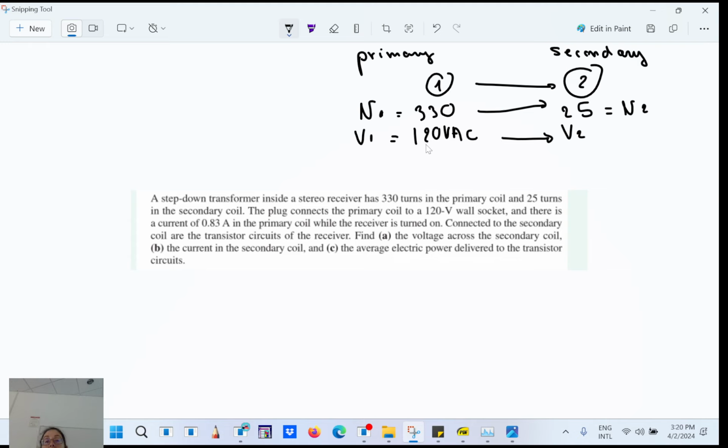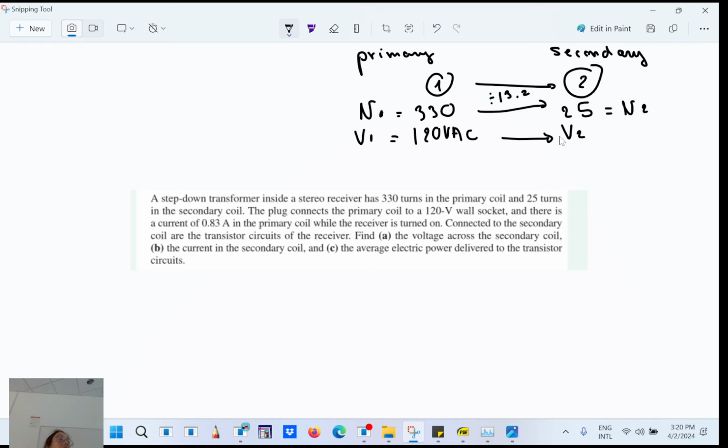So I guess you can do 120 times 25 divided by 330, or you can see by how much you divide from 330 to 25. But you can do cross multiply and divide. When you do that, it only works with the voltage.